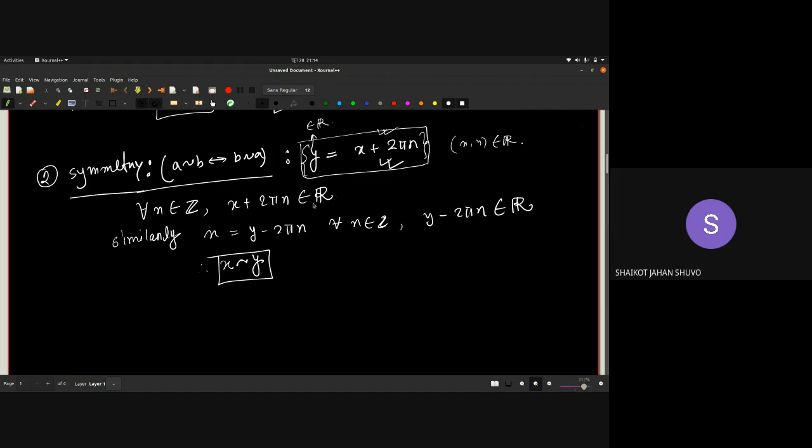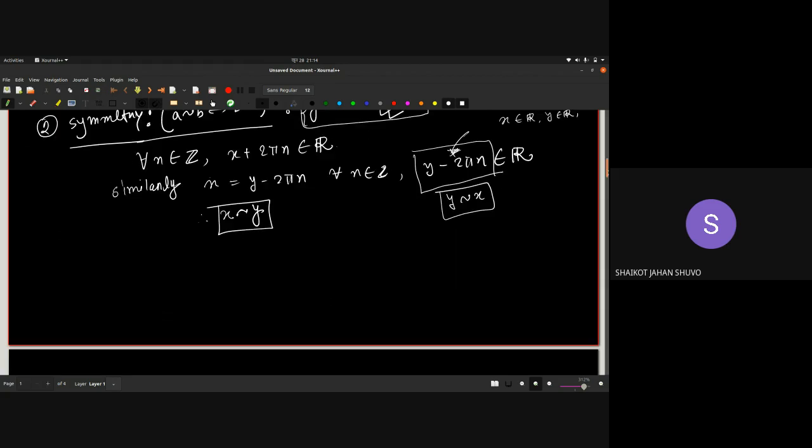So from there you can write this x is equivalent to y. And when you say that you start with some x belongs to R and y belongs to R, and you use this part, you can write y is equivalent to x. So that is your symmetric property.